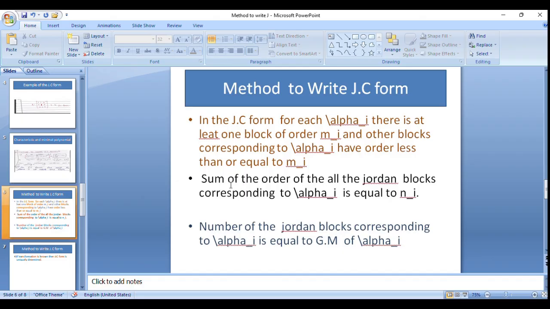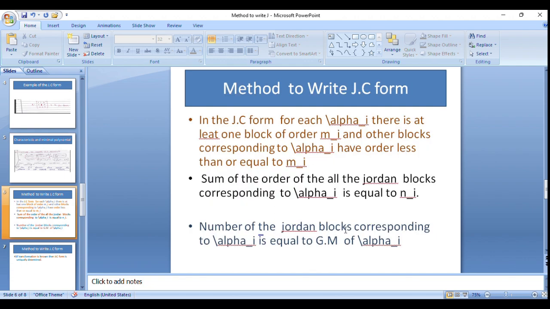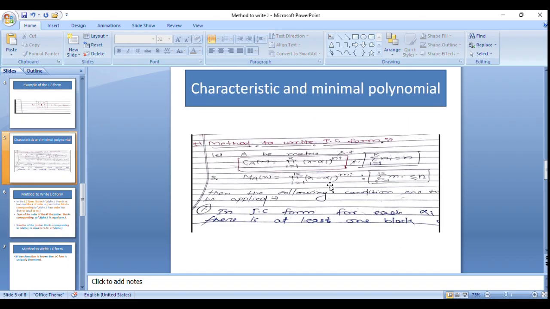The second property is that the sum of the orders of all the Jordan blocks corresponding to alpha_i is equal to n_i. One block will be of size m_i and the others of size less than or equal to m_i, and the sum of all the orders should equal n_i, the power corresponding to (x minus alpha_i). The third property is that the number of Jordan blocks corresponding to alpha_i is equal to the geometric multiplicity of alpha_i.